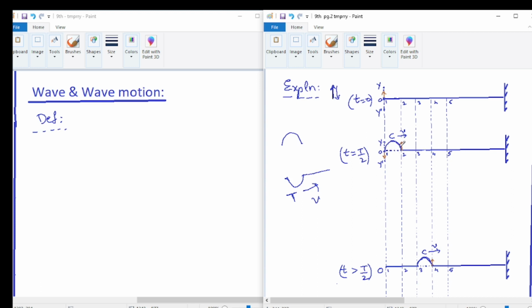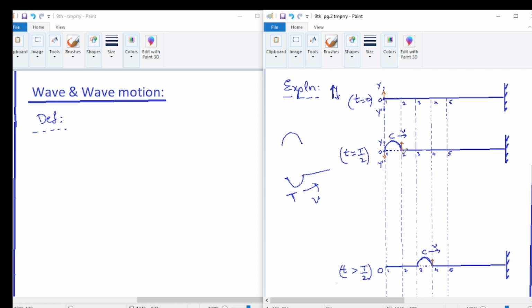This disturbance, created at the location of particle 1, in the form of a crest, is moving through the medium due to the vibrations of particles about their mean positions. Now, this kind of special motion of the disturbance itself is called wave motion. So that's the exact definition of wave motion.